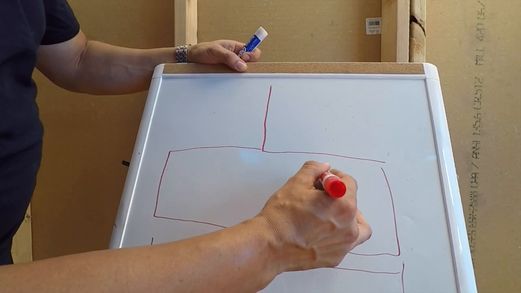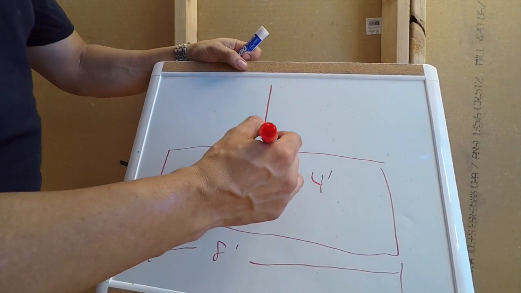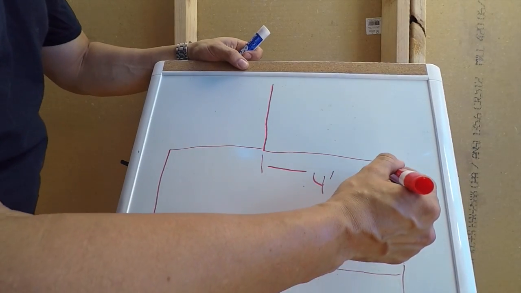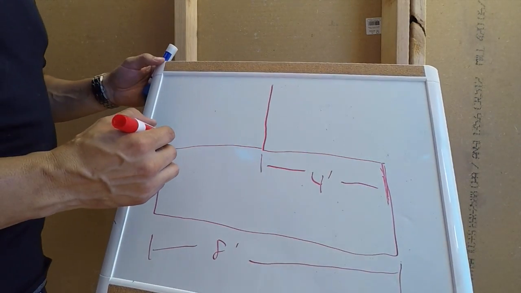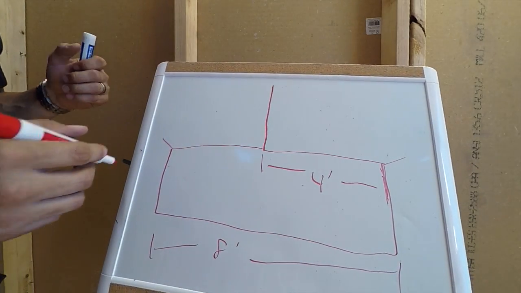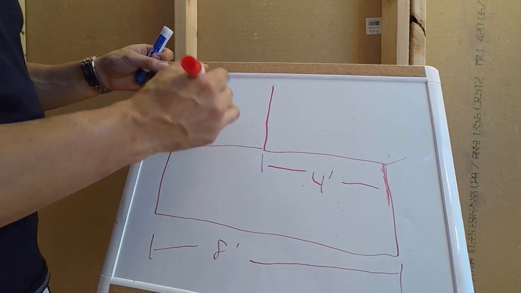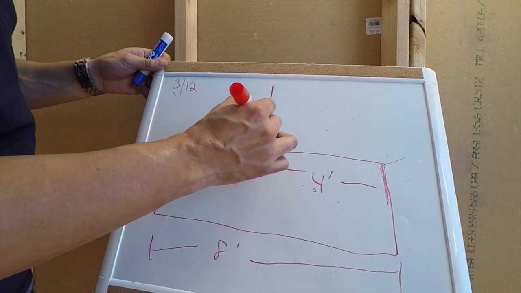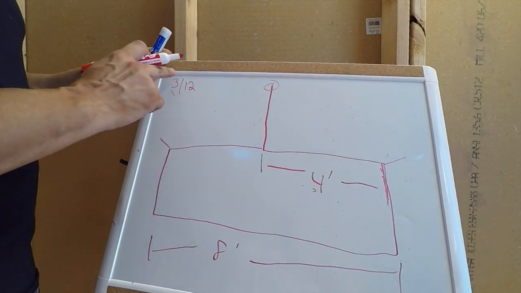That means half of our building or our run is 4 feet from right here to right here, or the ending of the top plate. We're working on tops, okay? If I want to do, I don't know, a 3/12 pitch, let's say 3 times 4, 12 inches. The top of your peak is going to be 12 inches.